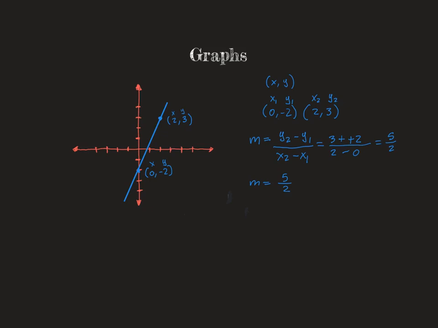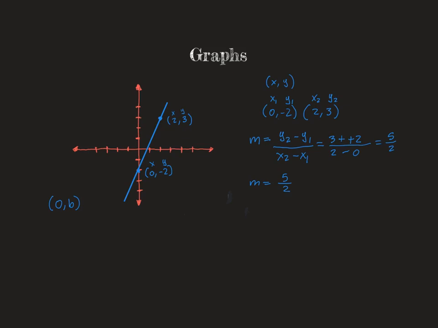And now, to find the b, you have 2 options. Your b is always going to be in the form 0, comma b. So if you see a point like that, 0, comma b, that's going to be the number that we're looking for.